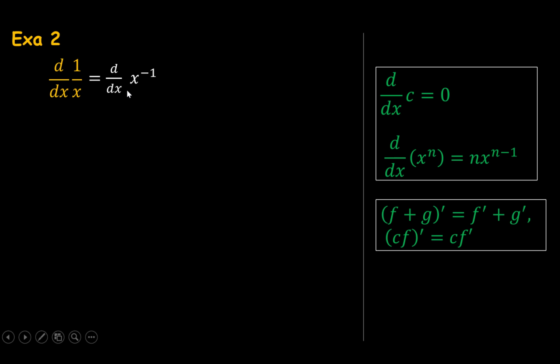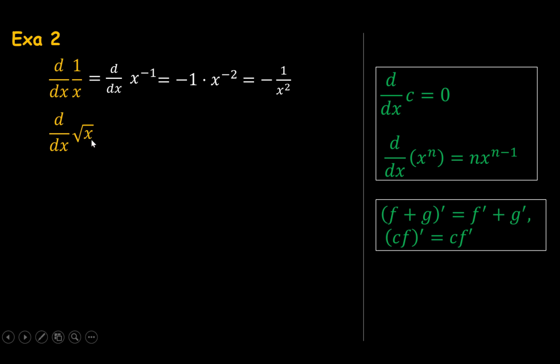So basically you take the derivative of x to the minus 1, and then you can apply the power rule here with n being minus 1. Therefore, you bring minus 1 to the front, and then subtract the exponent by 1, and you get minus 2. So minus 1 times x to the minus 2, and that is the same as negative 1 over x squared.